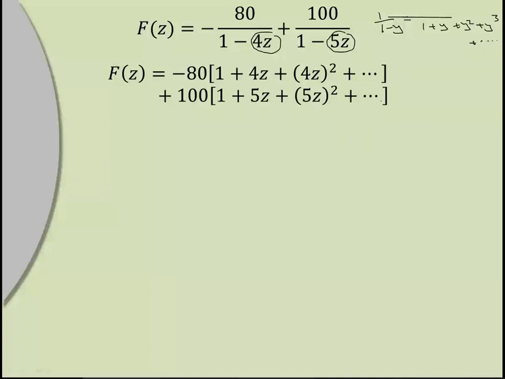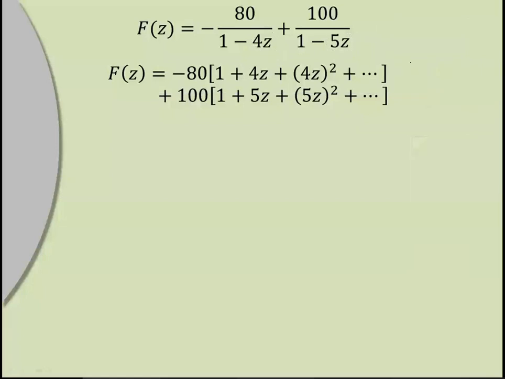Now, if we go on continuing like this, tell me what will be the kth term. Okay, 4z square, like that. If we go on taking the terms, the kth term will be the 4z whole term raised to k, and in the next expression, it will be 5z raised to k.